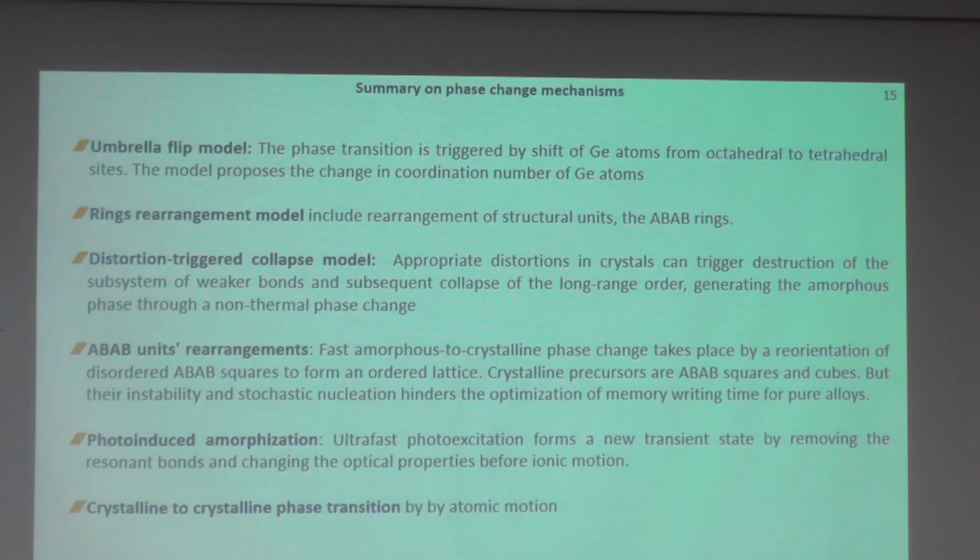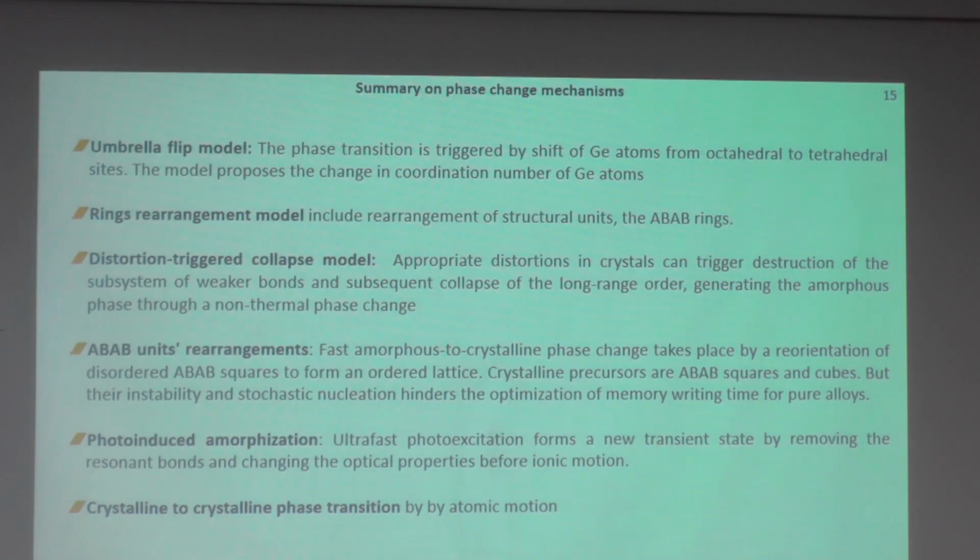But the problem here is the nucleation. This is a non-homogeneous, stochastic process, and it hinders the optimization of memory time for the pure alloy. So we need some ideas how to stabilize this nucleus.